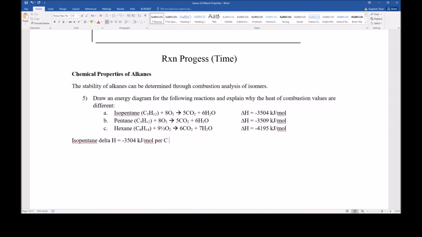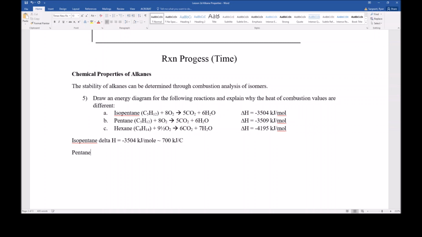And if we divide that number by 5, we're going to get about 700 kilojoules per mole. And this is now 700 kilojoules per carbon. And there's some estimation going on there.